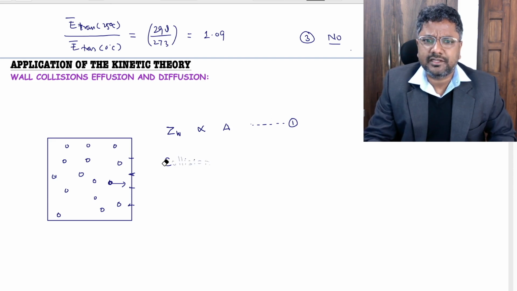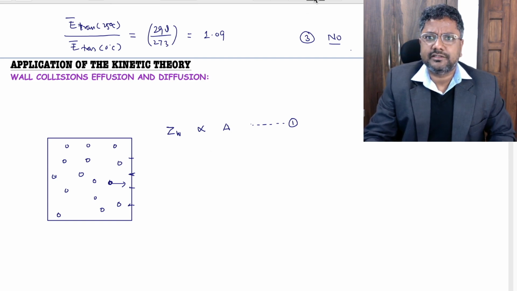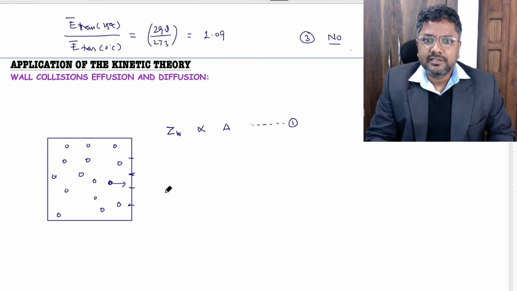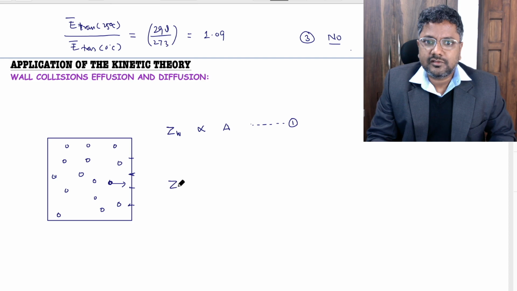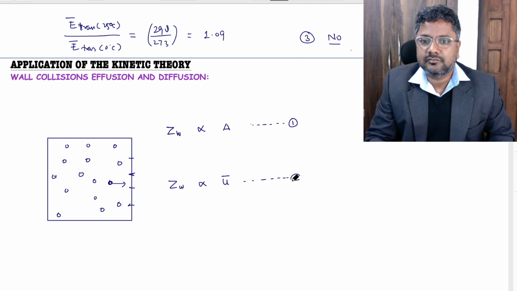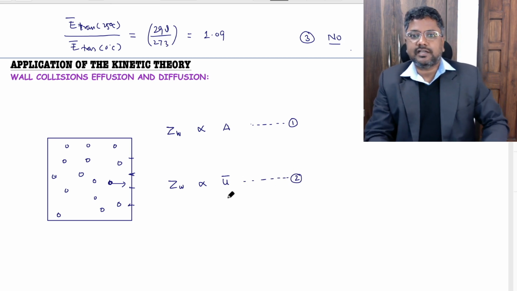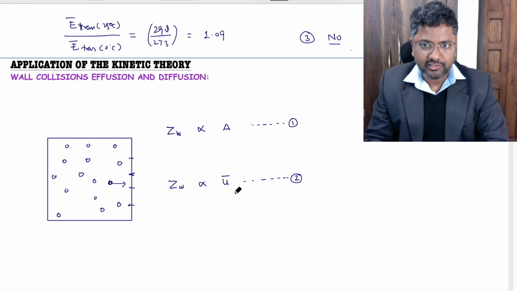No need to write here, I am writing in the mathematical term. Second factor, directly proportional to U average. See, this is the average speed of gas molecules.